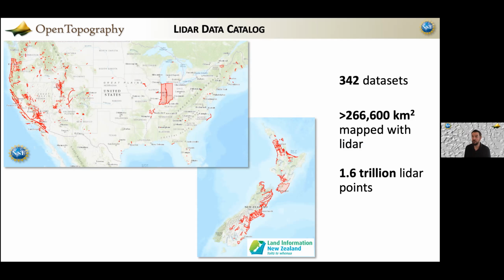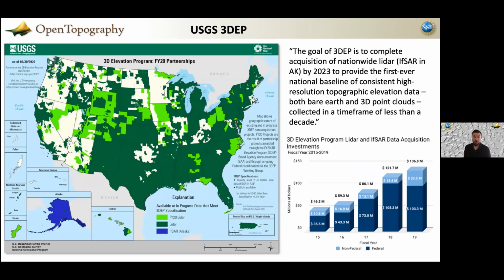One of the criticisms of OpenTopography has always been, well, it's great, it's easy to use, but the map is pretty sparse, really. If you're a user in lots of parts of the United States, you can't get to data that is in your area of interest. And so the USGS 3DEP program is a really exciting opportunity here. This is a map that I've grabbed from the USGS.